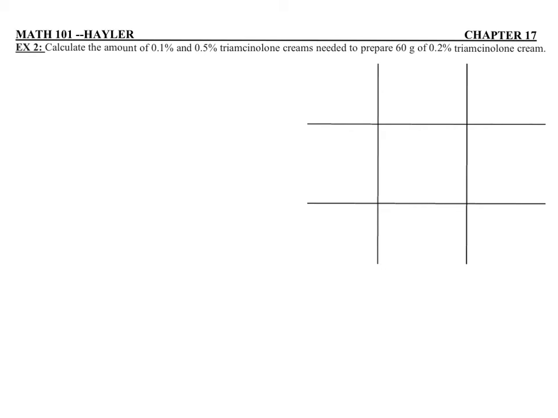The next thing I notice is we're using two different concentrations, so we're not just going to use 0 in the bottom. The higher concentration is the 0.5. The lower concentration is the 0.1. The desired concentration is 0.2.